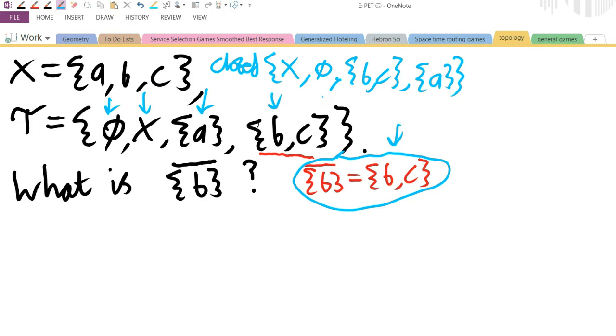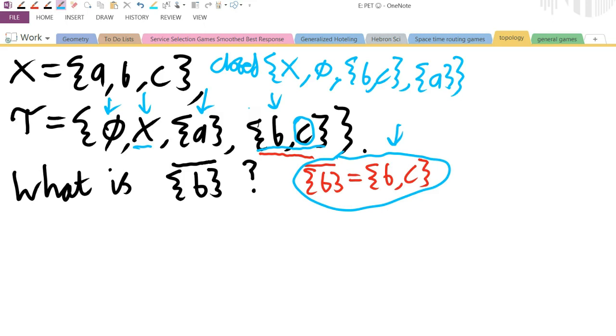And P is a limit point of a set when every open set which P is a member of intersects with a member of that set which doesn't equal P. So by that logic, if we have a look at point C here, indeed this does have the property that every open set which contains C, there's only two of them, this one and this one here, they both contain B, and B is a point other than C. So indeed C is a limit point of B, and in fact it's the only limit point of that.